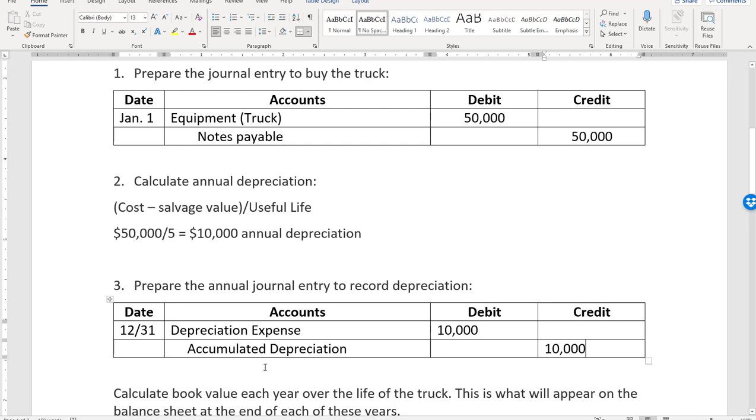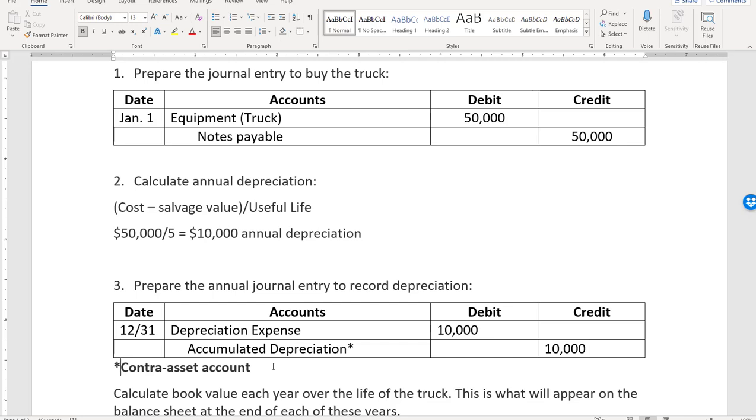Now, accumulated depreciation is a contra asset account. Let's put a little star here. If something is contra, that means it goes against. So contra asset means it goes against the asset.